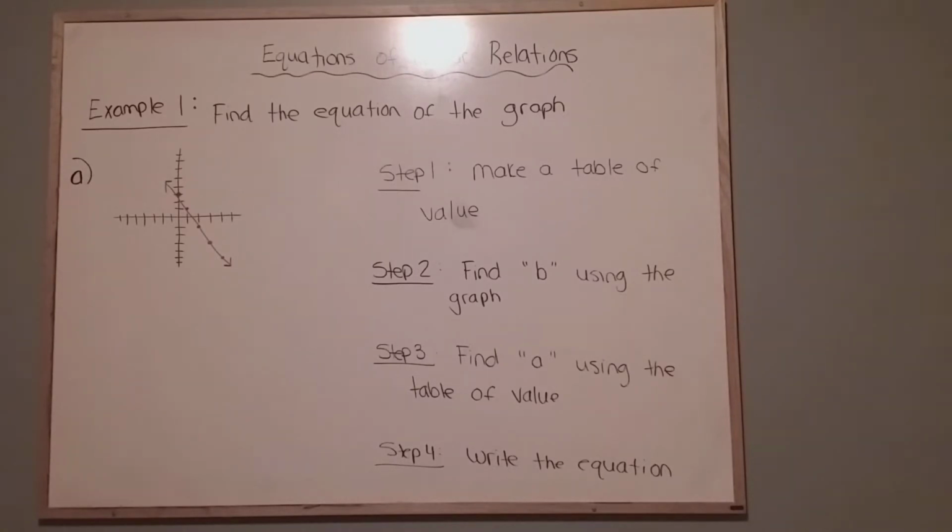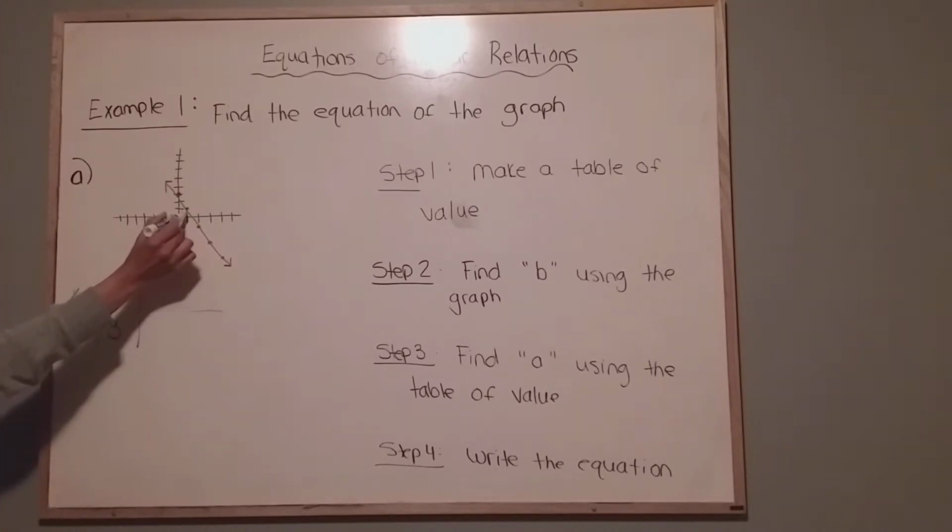Step 1 is to make a table of values. So what I do is I look at the line that is given. I have to make a table, so I start off with x and y, and I look at my points. My first point, when x is equal to 0, y is 3. When x is equal to 1, y is 1.